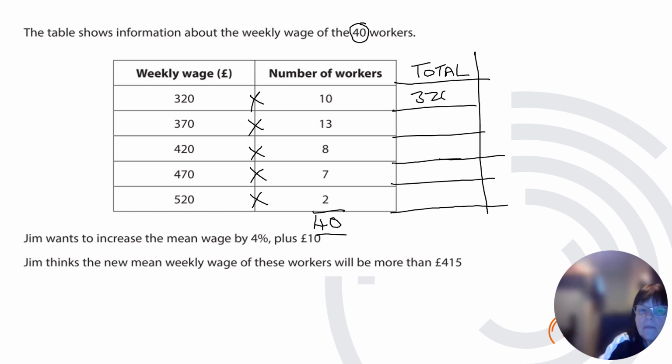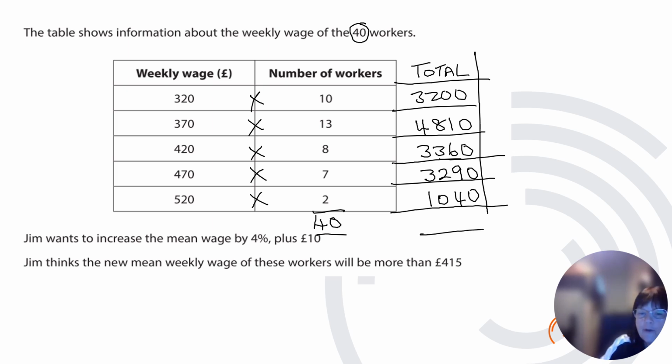3,200, and then 370 times 13 is 4,810. 420 times 8 is 3,360. 470 times 7 is 3,290. And 520 times 2 is 1,040.